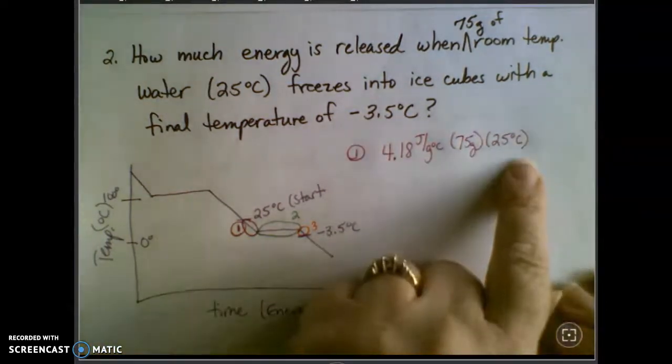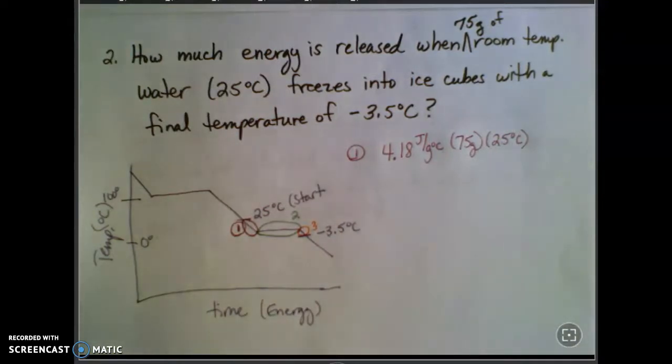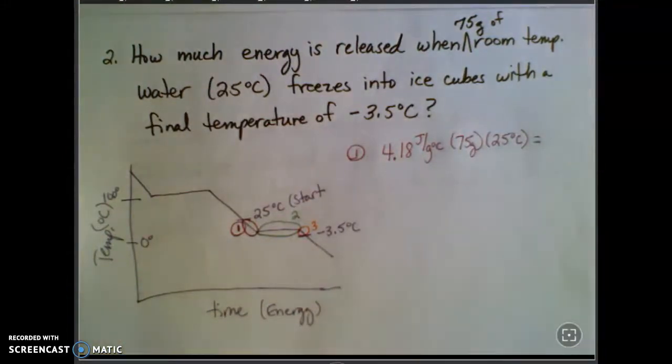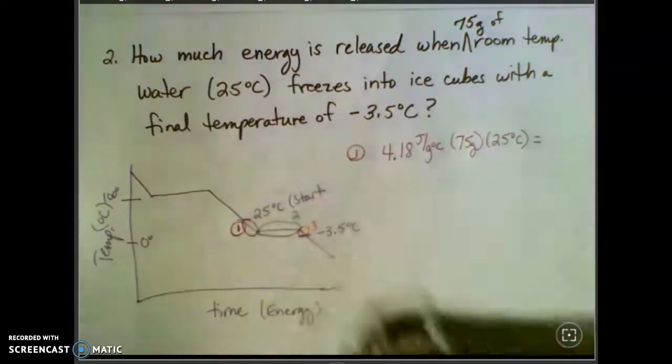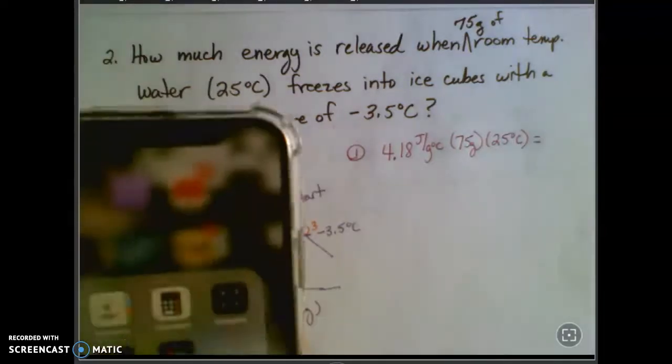Now don't worry about the fact that the temperature is going down. We're just right now going to think about that as energy released. You don't have to put a negative sign or anything with that. So I'm going to go ahead and do that calculation. Get my calculator here. Sorry, I should have had that set up and ready to go.